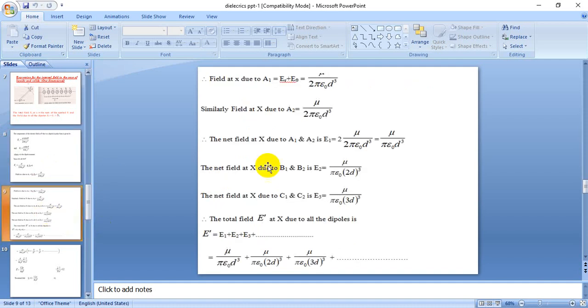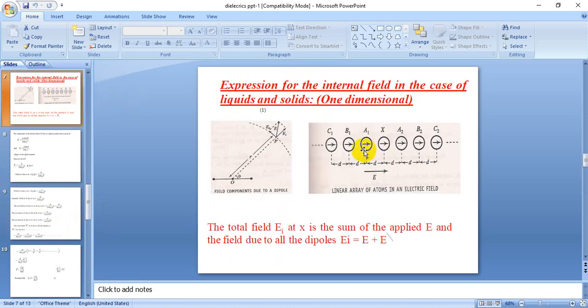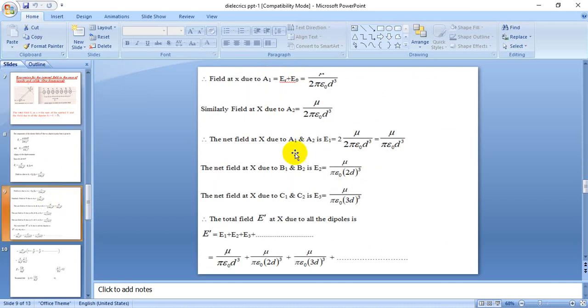Now what we need to do is find the field at X due to A2 also. So again go to the diagram. The field at X due to A2, again at the same distance d. So for A2 also it is written like that: mu divided by 2 pi epsilon naught d cube.